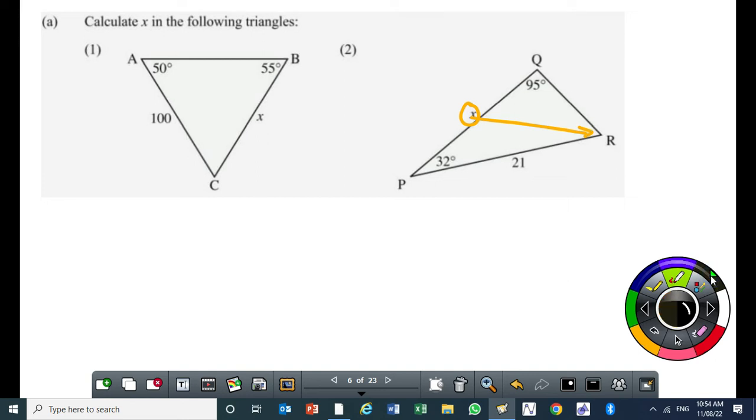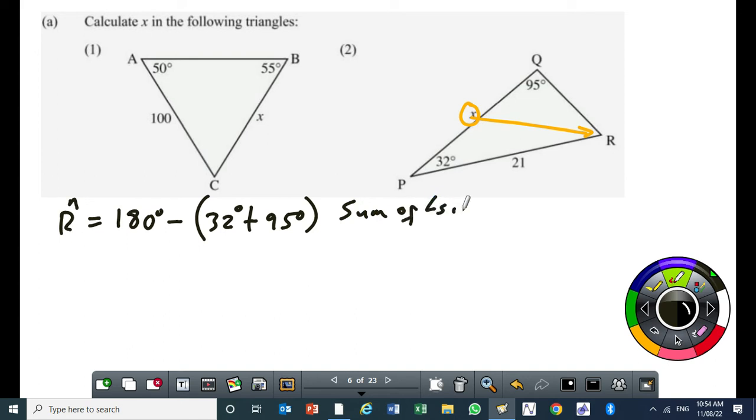So my angle r will be equal to 180 degrees minus the sum of 32 degrees plus 95 degrees. I prefer to write this as sum of angles in a triangle. This gives 180 minus 127, and then this will give me 53 degrees.